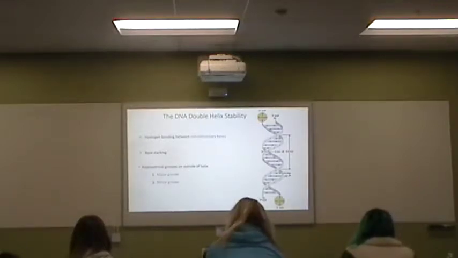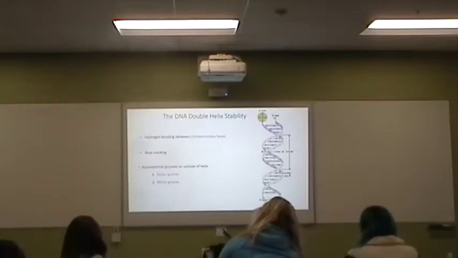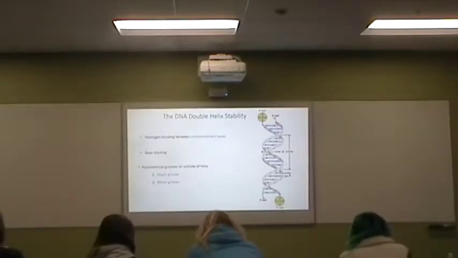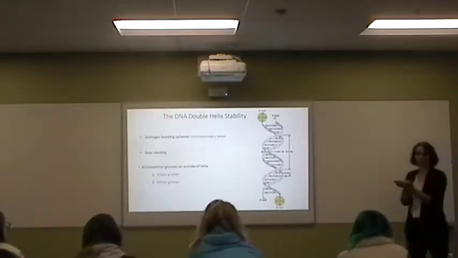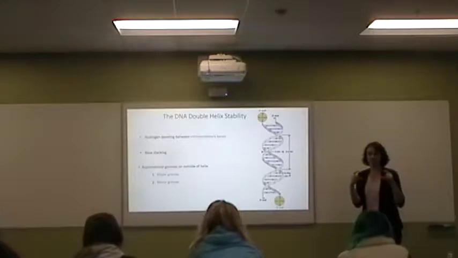So in addition to our hydrogen bonding between our bases, which gives our helix stability, we also have a specific orientation of base stacking, and what I mean by that is the bases are actually flat to each other. So if you envision a nucleotide ring structure, you can think of that as being like a plate, right?